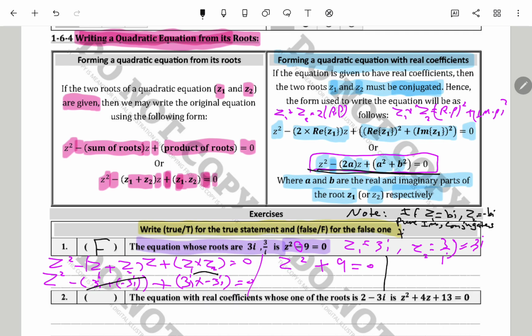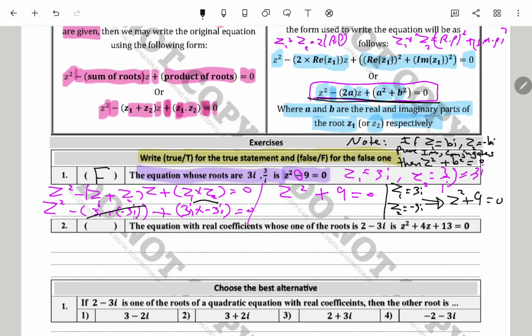So the equation will be easily like this: z squared plus b squared equals 0. And what shall we do here if we are going to use this rule? We are going to say that since z1 is 3i and z2 is negative 3i and they are conjugates, that will make our equation z squared plus 9 equal to 0.